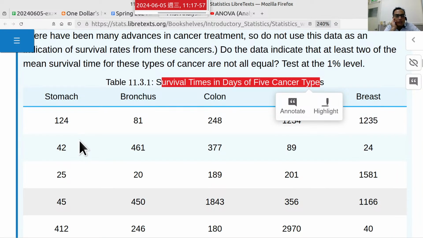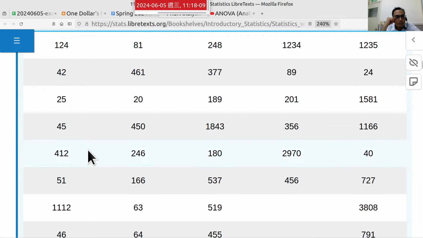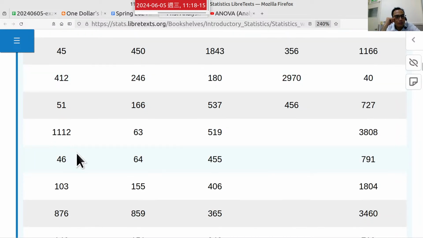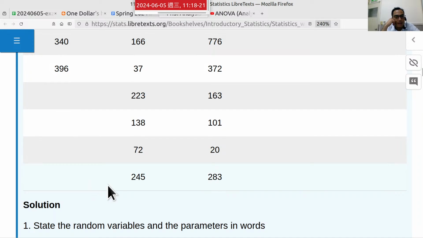For example, after the treatment or after the discovery of the confirmed cancer, the survival days are 124, 42, 25, 45, 412, different days. Wow, this person lived close to 3 years, like this one.